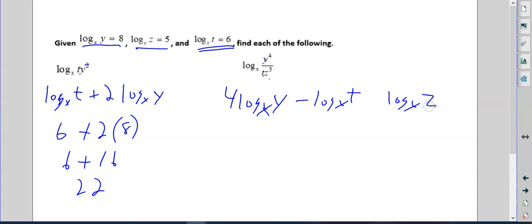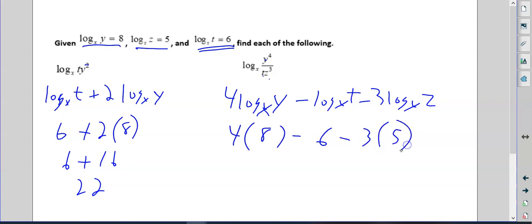The z is on the bottom, that's going to be subtraction, and the 3 comes out in front. So this is 4 times log x of y is 8, minus log x of t is 6, minus 3 times log x of z is 5. So that's 32, minus 6, minus 15. 32 minus 6 is 26 minus 15. And 26 minus 15 is 11.